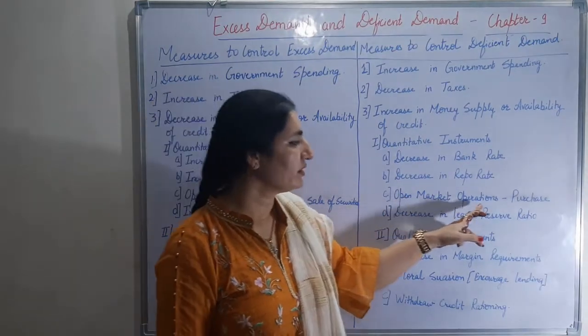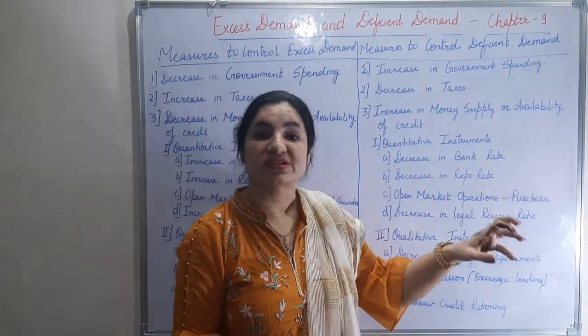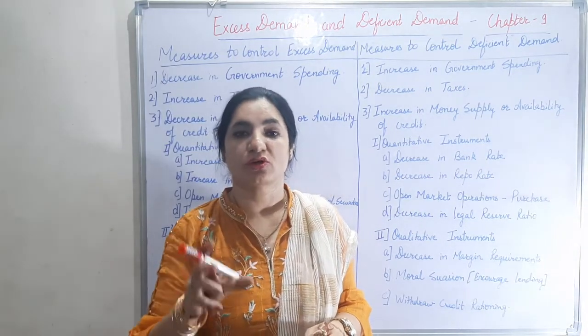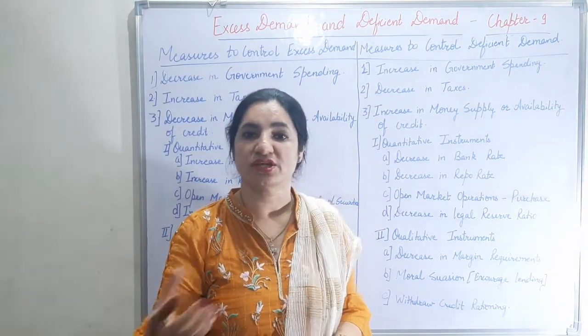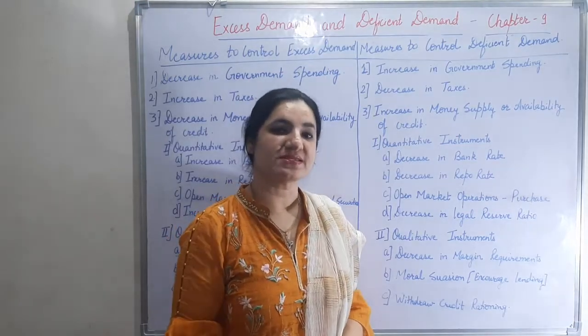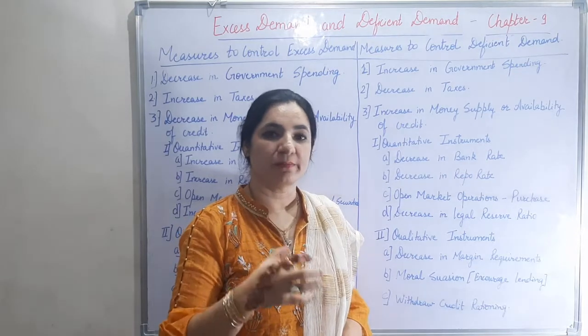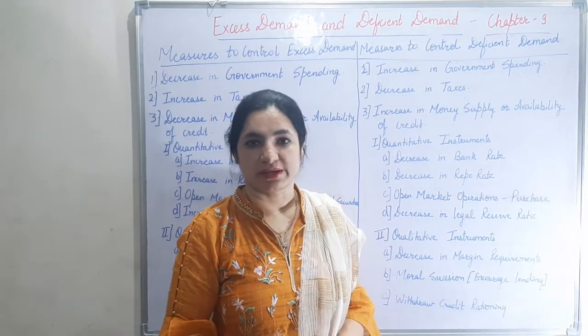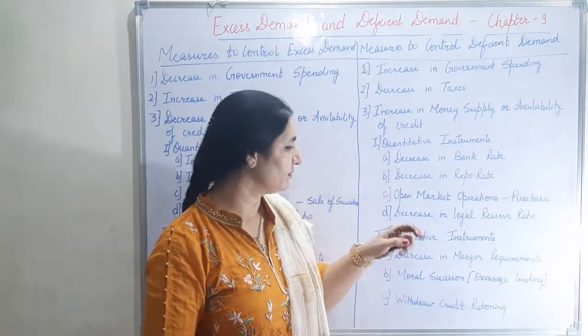Next is open market operation. In this, the government purchases the securities which were earlier sold. When the government purchases the security certificates, money will come into the hands of people. By this, the money supply will be increased.